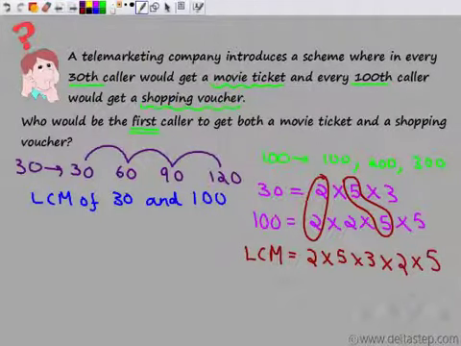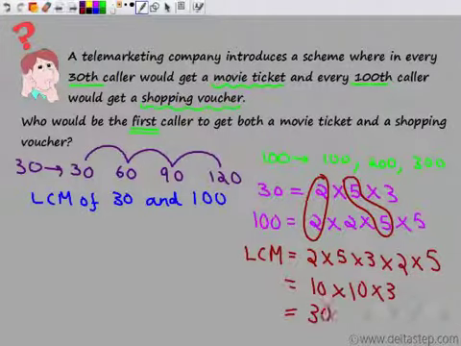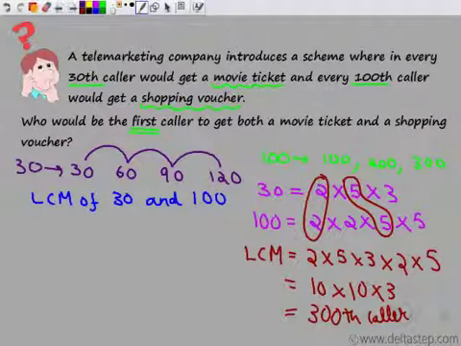So what I get is 5 twos are 10, again 5 twos are 10, and 3, so 300. So that is the 300th caller. So we see that the 300th caller would get both a movie ticket and a shopping voucher. That is one of the applications of LCM. That's how you can use LCM to find the least common multiple.